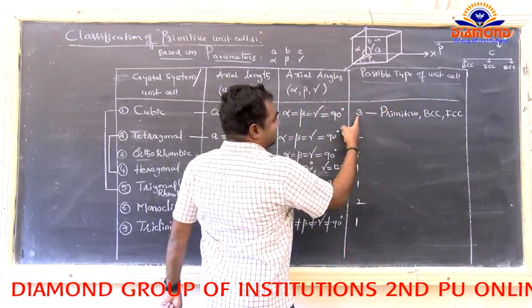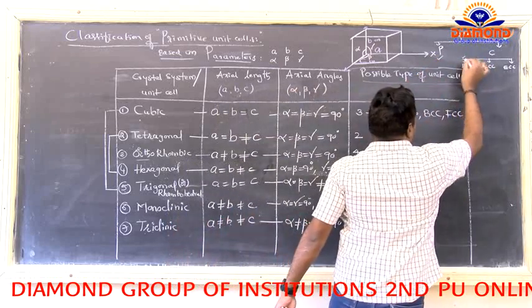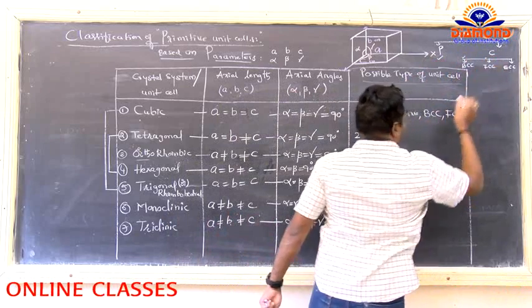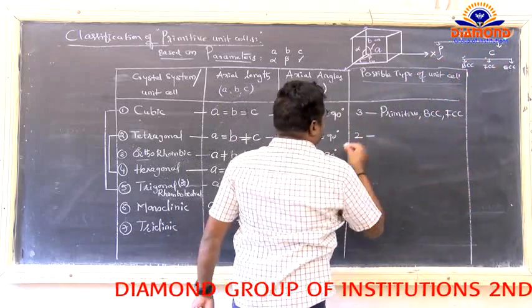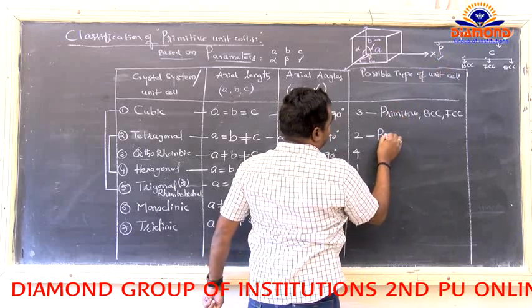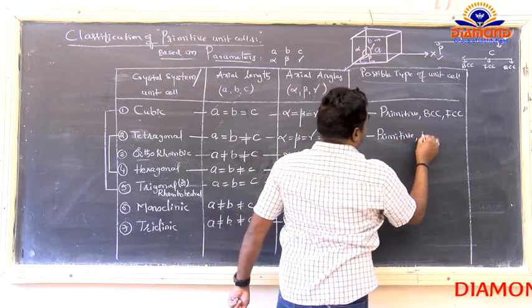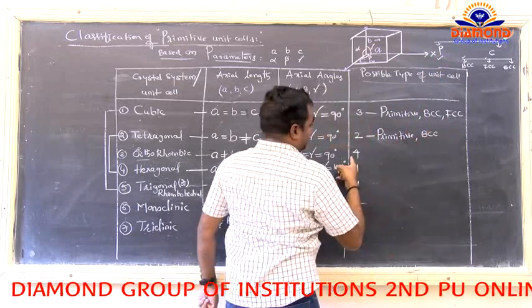Here 3 means the first one primitive, second one BCC, third one FCC. Here the 2 means the first one primitive, second one BCC.